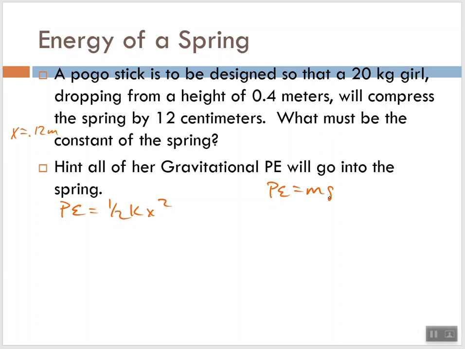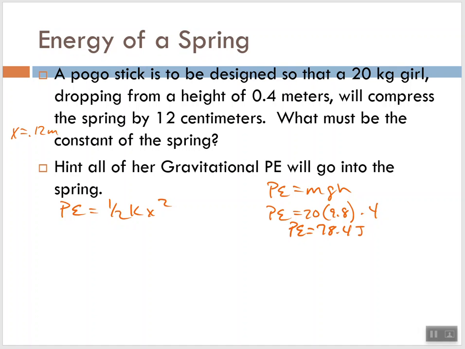So I'm going to find out what her gravitational potential energy was first. The mass is 20 kilograms. Gravity is 9.8. Oh, yes, and her height is 0.4. Her potential energy is 78.4 joules. Now, I know we haven't talked a lot about it, but again, energy can't be created, lost, or destroyed.